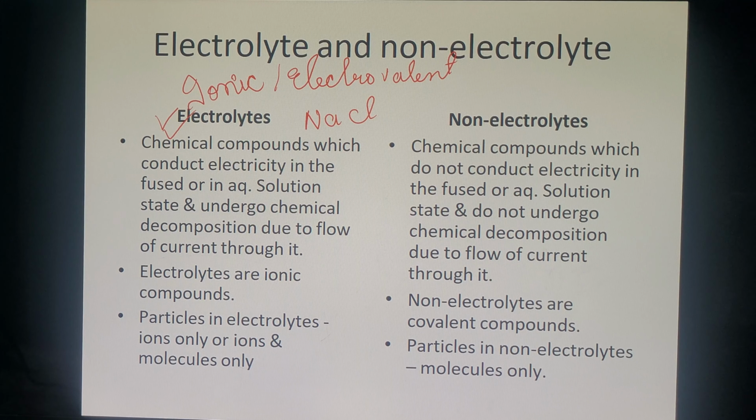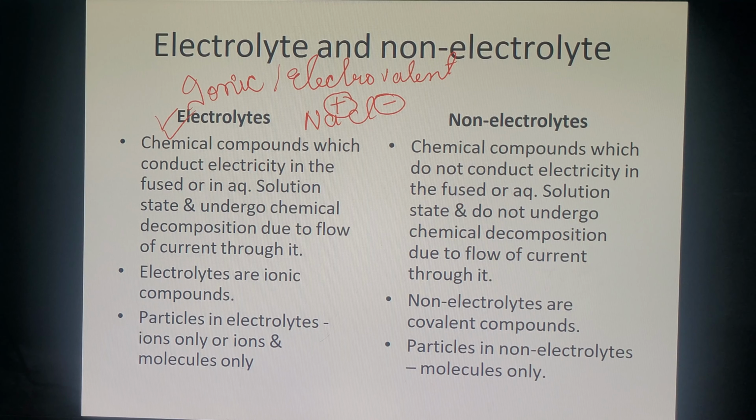Instead of writing it as sodium chloride, can I write it as Na+ Cl-? Yes, so this becomes nothing but an ionic compound. Can you see here, children? Though it is in the form of a compound, it already has some charges attached to it. Agreed, they are very, very strongly held by electrostatic forces of attraction.